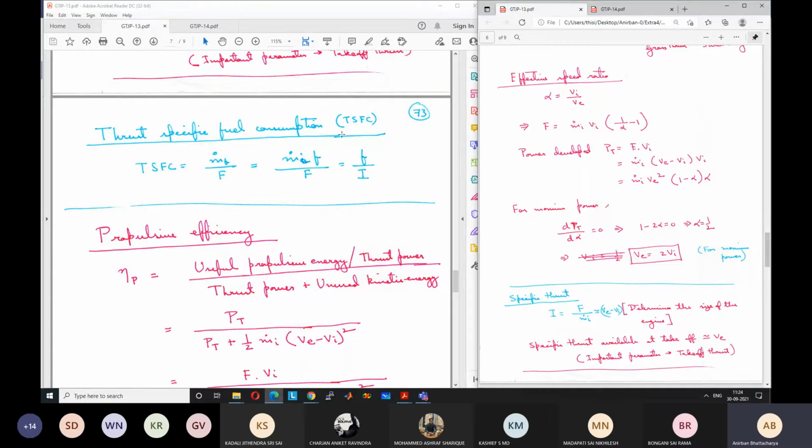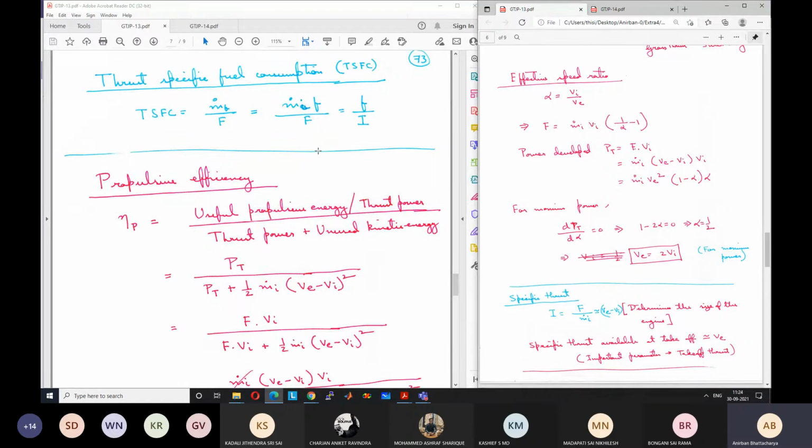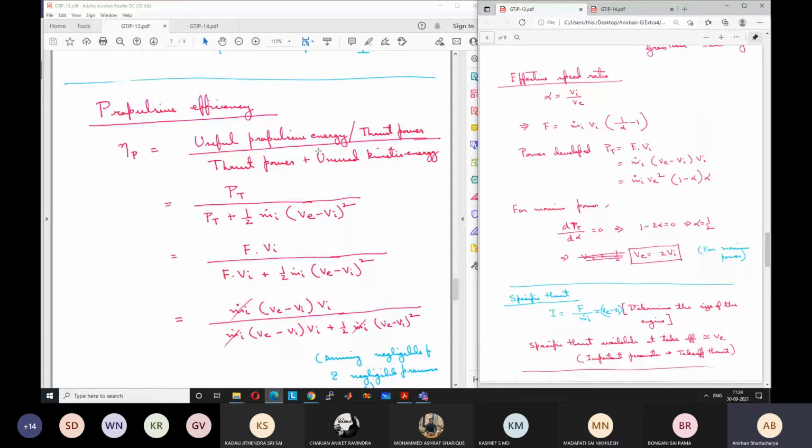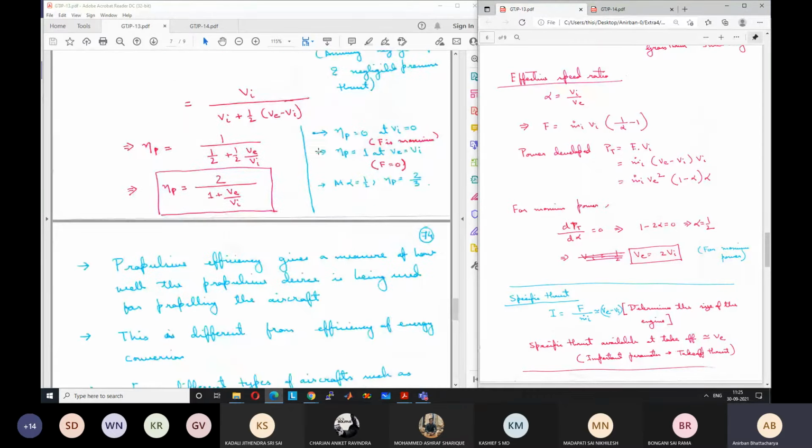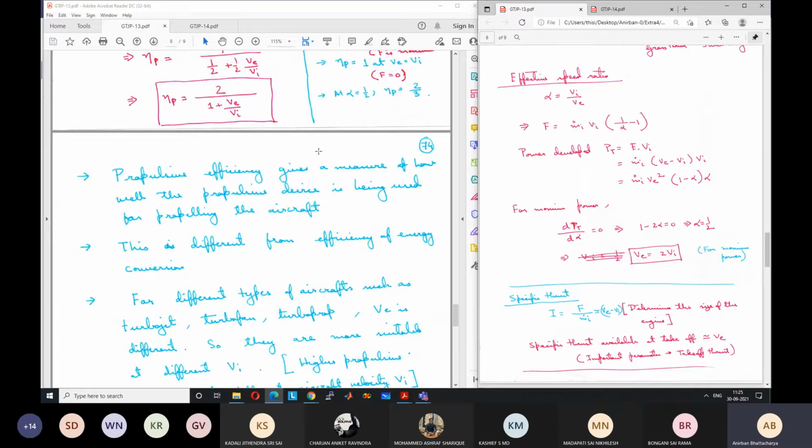So two more important parameters are there. There are two types of efficiency for an aircraft engine. One is known as the propulsive efficiency, and there is something called thermal efficiency. Thermal efficiency we will discuss later. It is similar to the thermal efficiency that we know. What do we know about thermal efficiency?